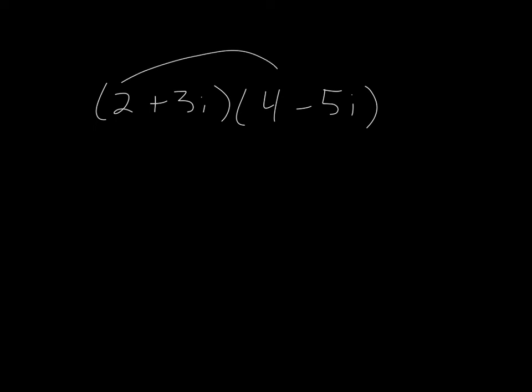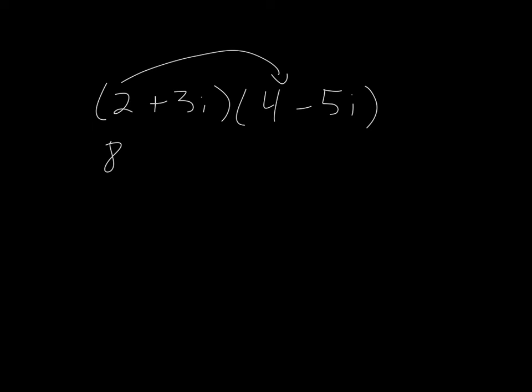So let's say we have something like 2 plus 3i times 4 minus 5i. Well, if there were variables here, we would just do FOIL: first, outer, inner, last. Our first product is 2 times 4, which is 8.